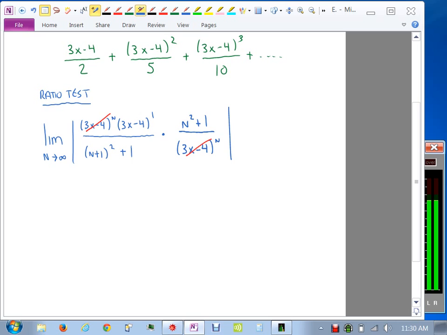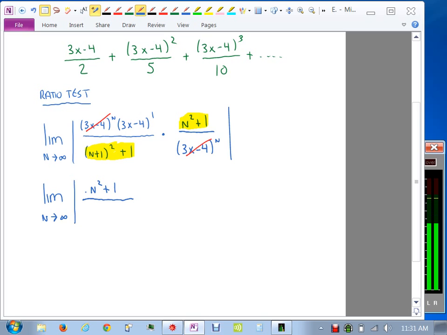All right. Now what I'll do is I'll keep my absolute value. I'm going to put all my n stuff in one absolute value. So my n, I have an n squared plus 1. And down here, I've got this. Those two I'll put together. That's n squared plus 1 over (n plus 1) squared plus 1.